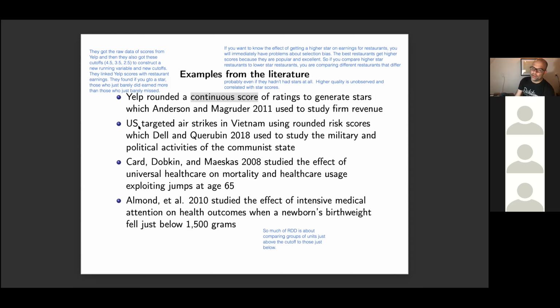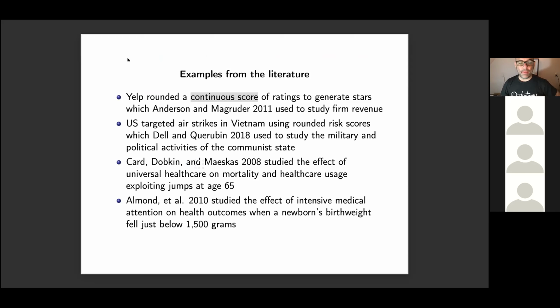Melissa Dell and Querubin, 2018, used those scores to basically recover a randomized experiment where right around the scores, people are essentially randomly bombed. Away from the cutoffs, there's less randomness, but right at the cutoffs, there's randomness. And they use that to study the effect of bombings on the military and the political activities of the communist state later.